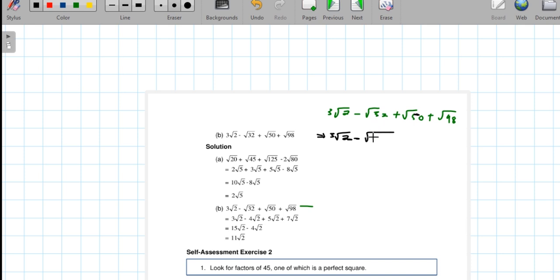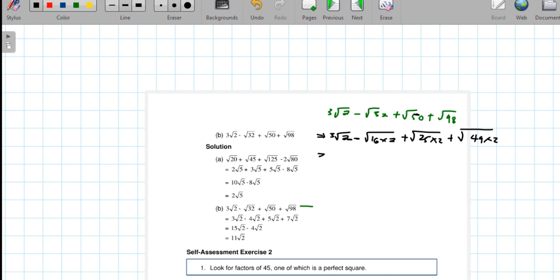If we are to reduce this, we are going to have 16 times 2, and 16 times 2 is 32. Then plus root 25 times 2, which is going to give us root 50, plus root 49 times 2, which is going to give us root 98.